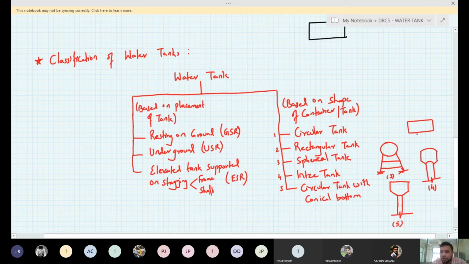And it can be on the ground, underground, or elevated. And circular, it is circular in plan.